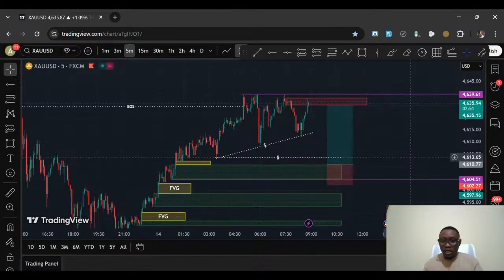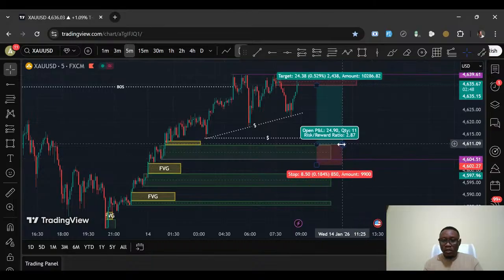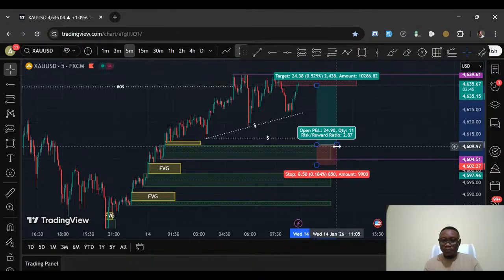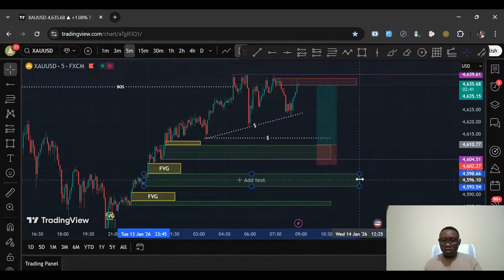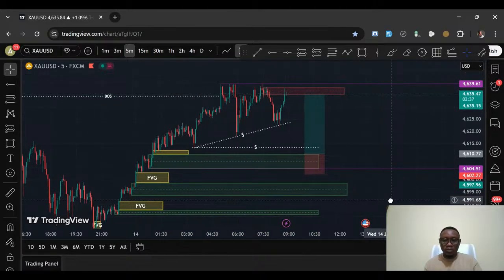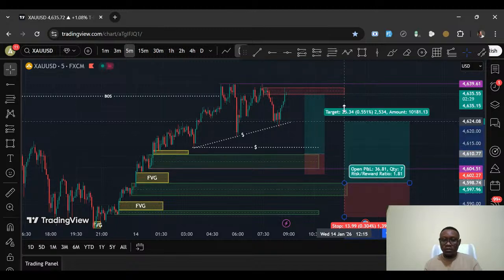Now for this, we have two zones here. Let me push this out a little. For this, we can target this.